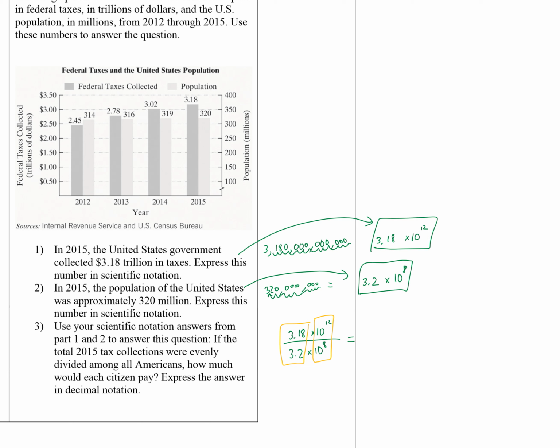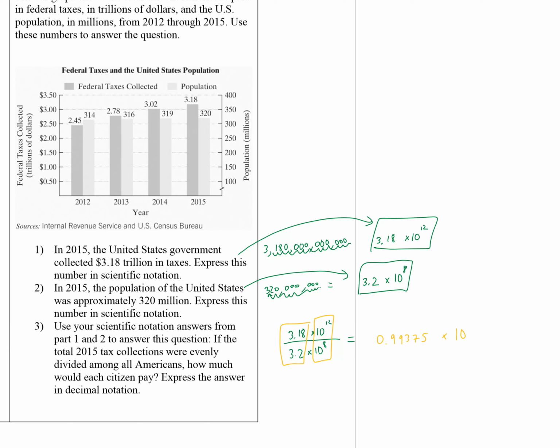I am going to use my calculator to figure out 3.18 divided by 3.2. My calculator gave me 0.99375. Let me double check that to make sure: 3.18 divided by 3.2. Yep. And then 10 to the 12th divided by 10 to the 8th.